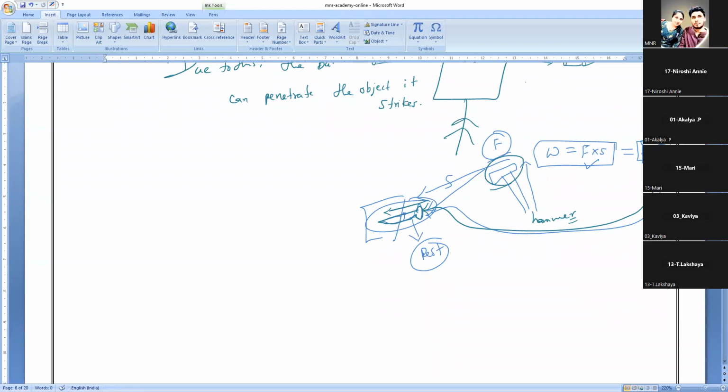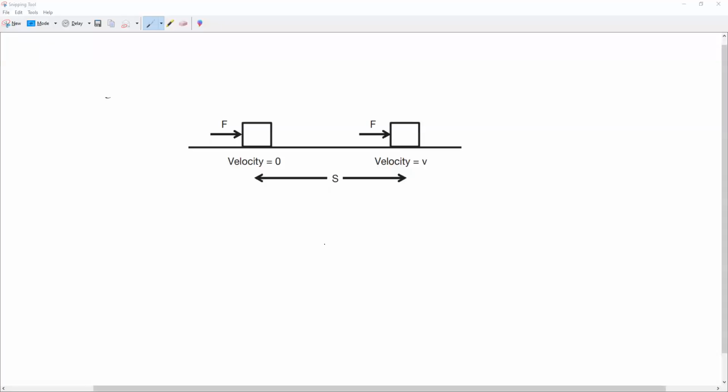So now we are going to study the derivation of the expression for what energy? Kinetic energy. For that, I told you to make assumptions. Consider a body of mass m.